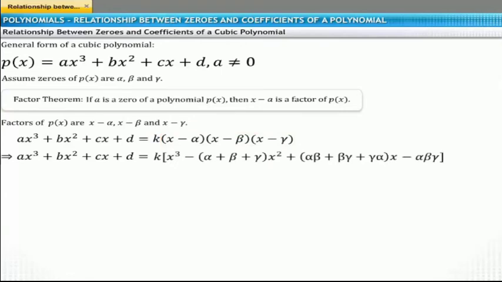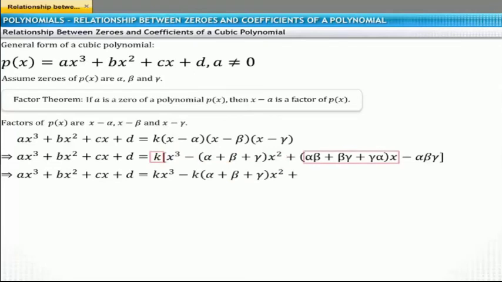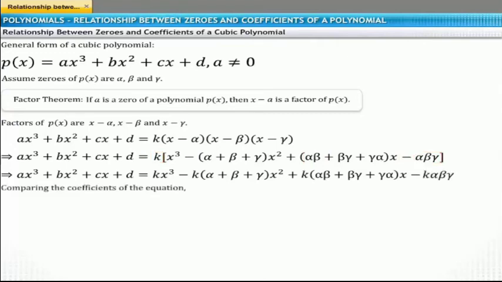Again we will open these brackets, so we will write k same as it is, and now we will multiply these ones. So we will get x cube minus (alpha plus beta plus gamma) x square plus (alpha beta plus beta gamma plus gamma alpha) x minus alpha beta gamma. Then we multiply by the k to the whole bracket.